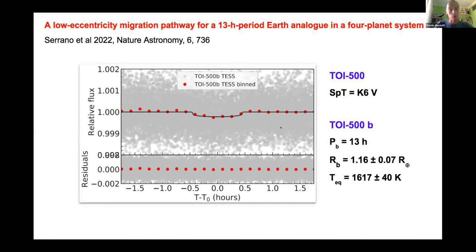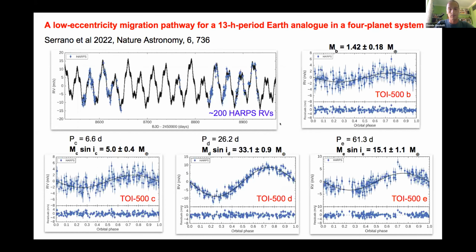Then I would also like to highlight the paper we recently published in Nature Astronomy, led by Luisa Serrano, on TOI 500, which has a USP planet on a 13-hour orbit. And once again, 200 HARPS measurements, and we detect three additional planets.